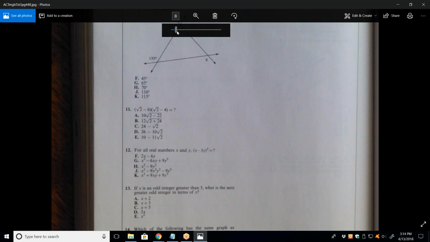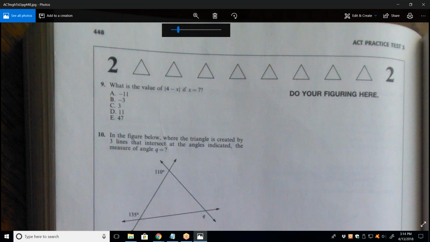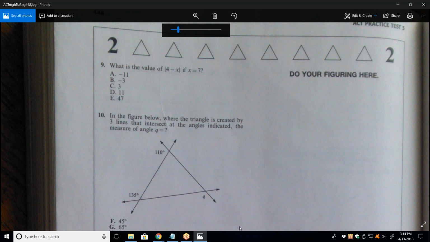We don't want to demoralize you, so we don't want to give you a bunch of tough ones right before your test. There's something to be said for you feeling really good about your math skills going into that test. You want to be confident. You want to know that you know what you're doing.